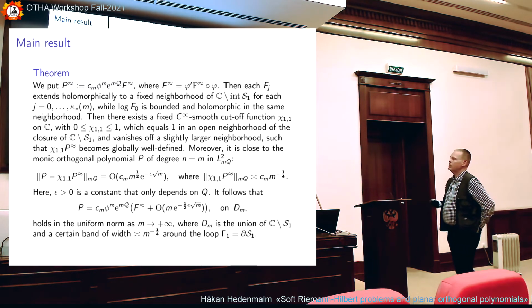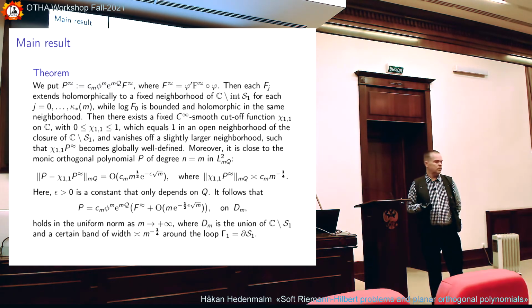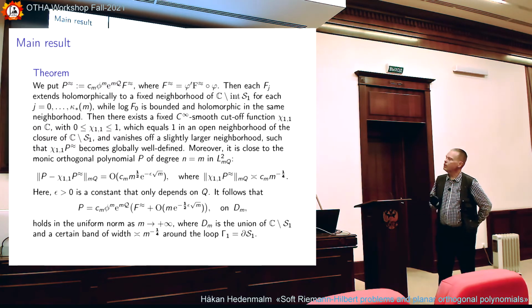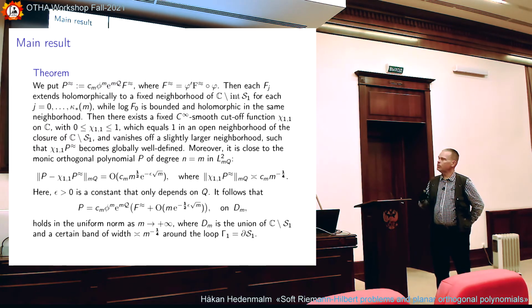not exponentially decaying errors as I hoped, but we got them corresponding to Gevrey class dropping. So I would have wanted exponential, but it's exponential to minus square root of m in principle. That's the kind of decay we get.